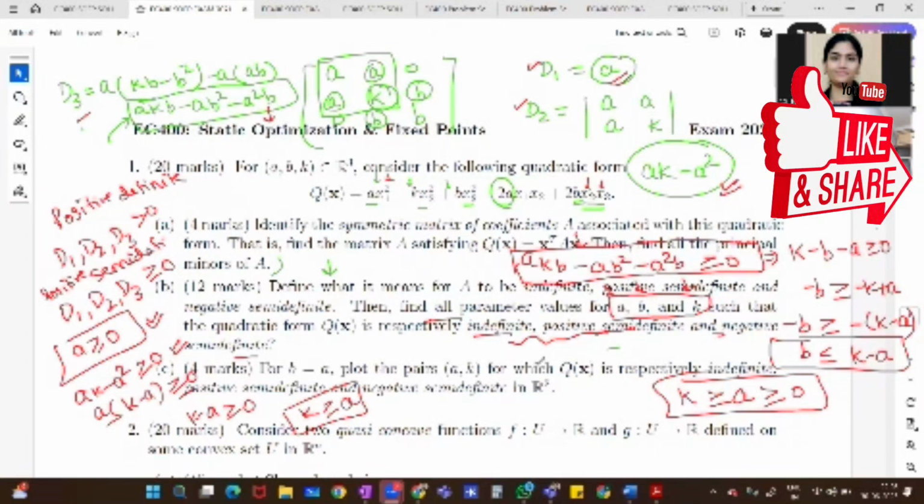Not only this one, if I took AB as common, that means AB is also greater than or equal to 0. This factor is also greater than or equal to 0.